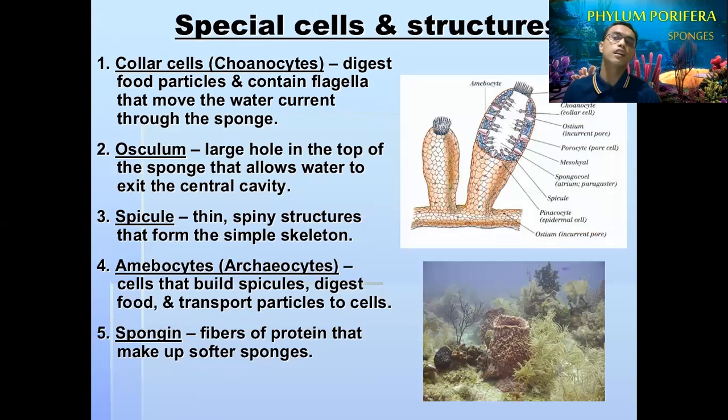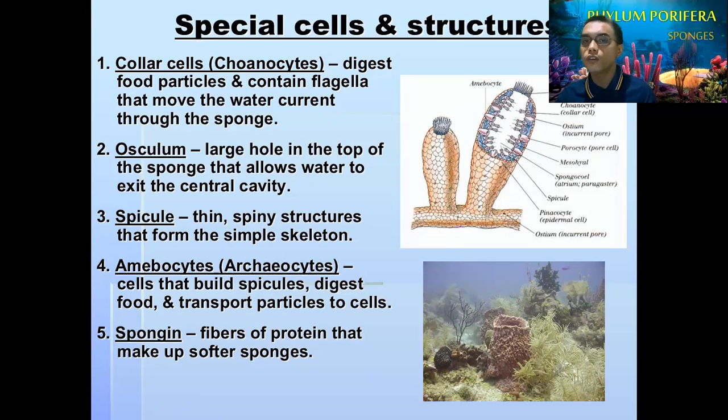Other special cells and structures. First are the choanocytes. The choanocytes digest food particles and contain flagella that move the water current through the sponge.